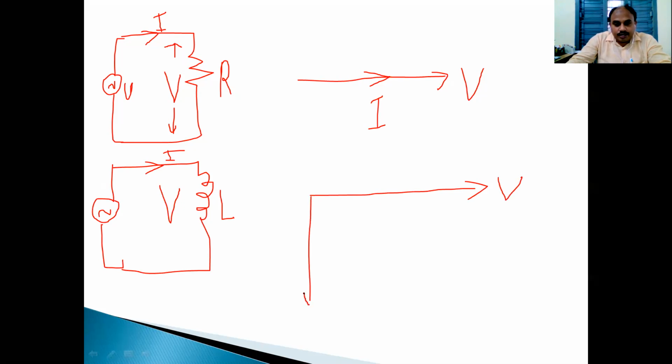So this is the current; this current lags the voltage by 90 degrees. Here the phase angle is 90 degrees.